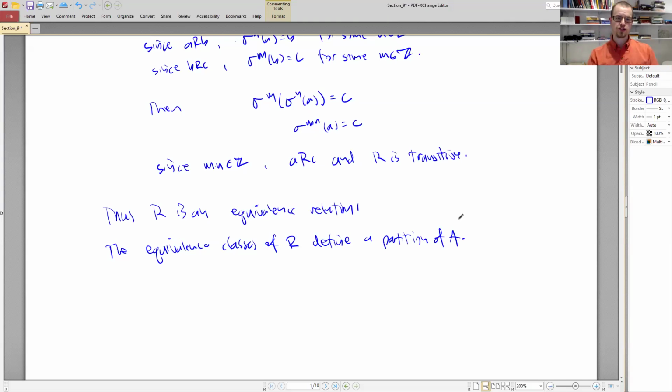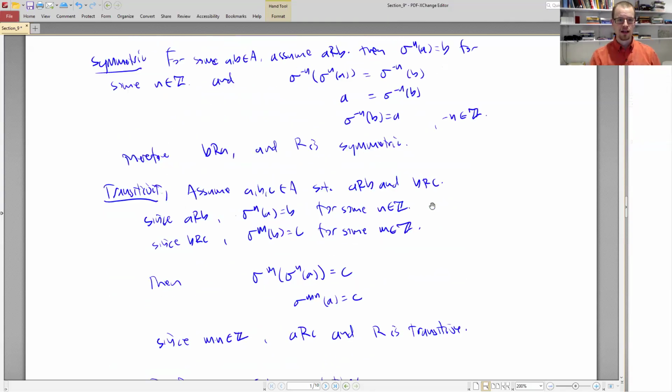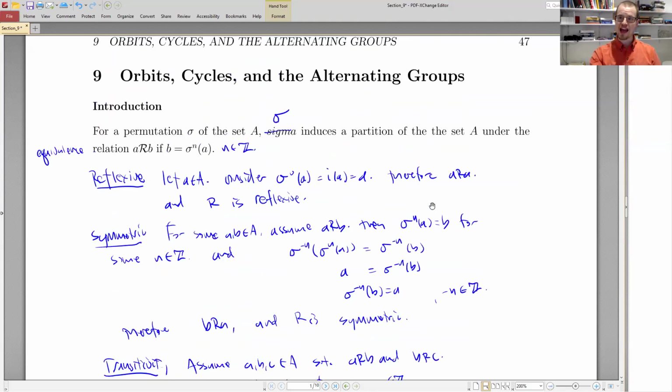For an equivalence relation, we have equivalence classes. That collection of equivalence classes defines a partition on the set. So we say in this case that since sigma defines the equivalence relation, it is sigma that is inducing a partition on the set A.